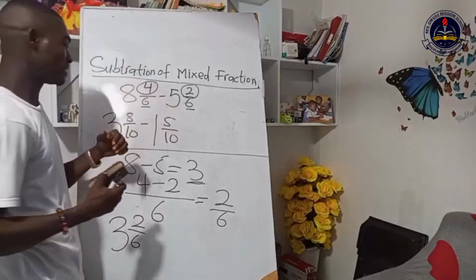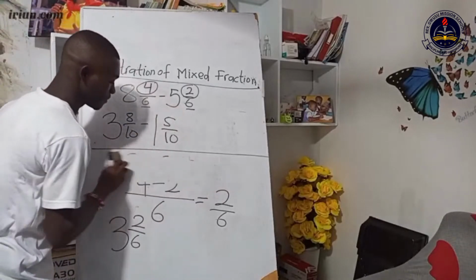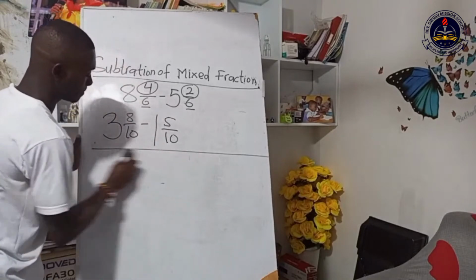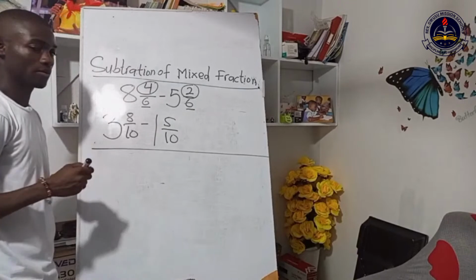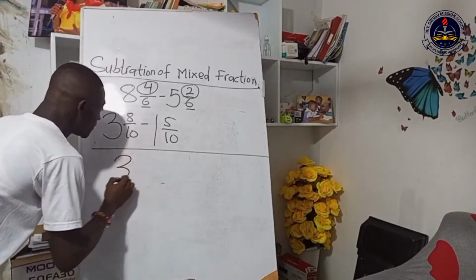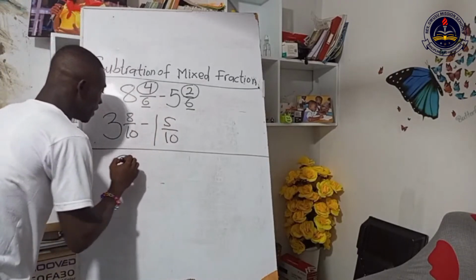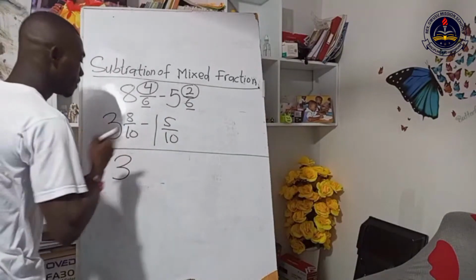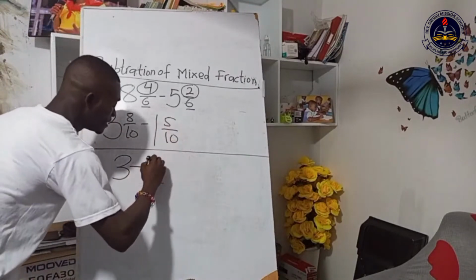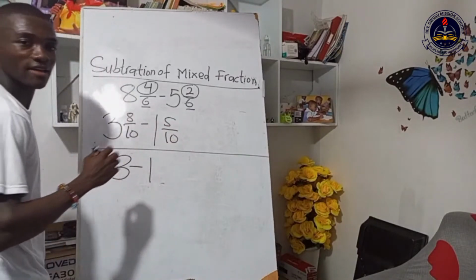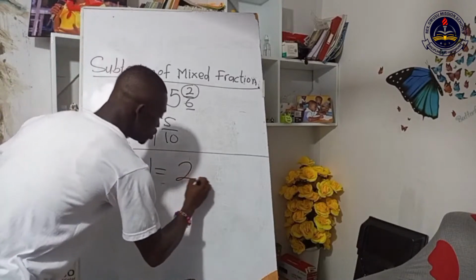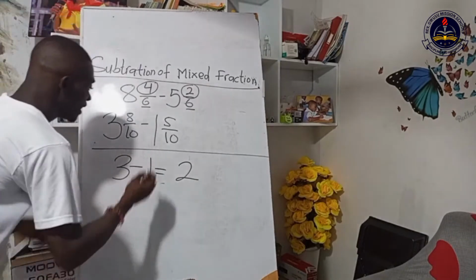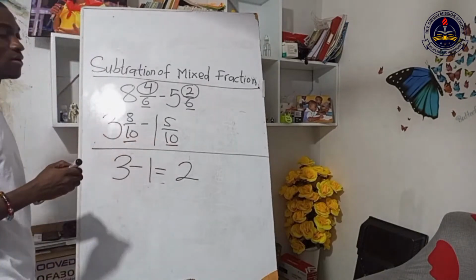Let's look at the second example. Three whole number 8/10 minus 1 whole number 5/10. So we subtract the whole numbers first. So 3 minus 1 giving us 2. Then we take the fractions now.